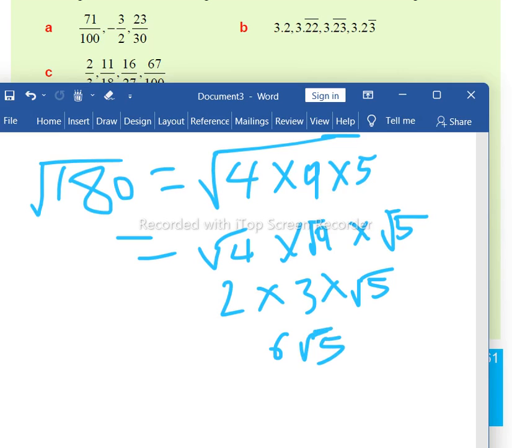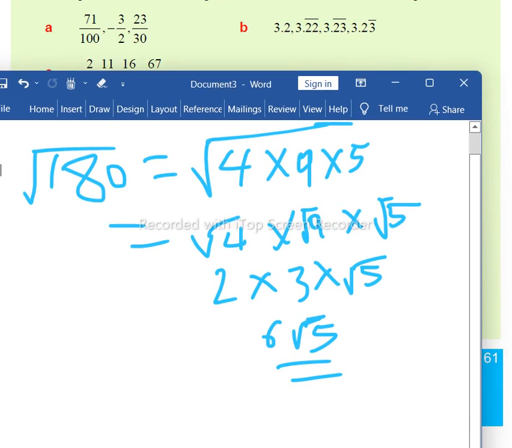So we can simplify this equation like this. This is the final answer for letter A.